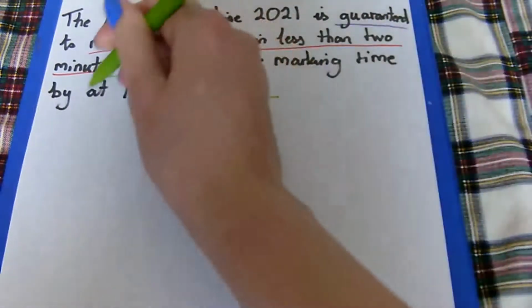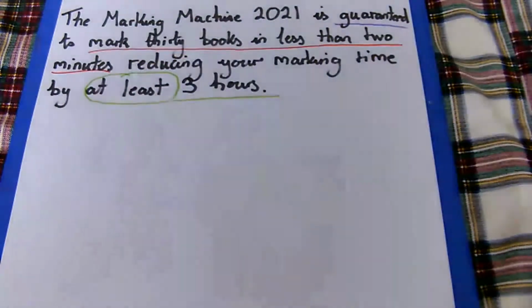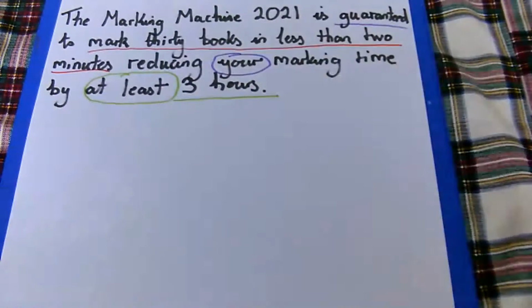The use of at least makes it seem like it's even more than 3 hours. So rather than just saying reducing your marking time by 3 hours, that at least suggests that actually could reduce your marking time by longer. So you're making the invention sound even better. And the use of your is addressing the reader as well.